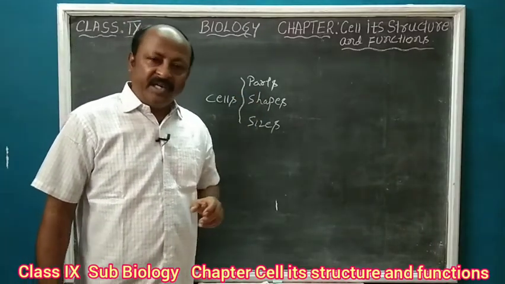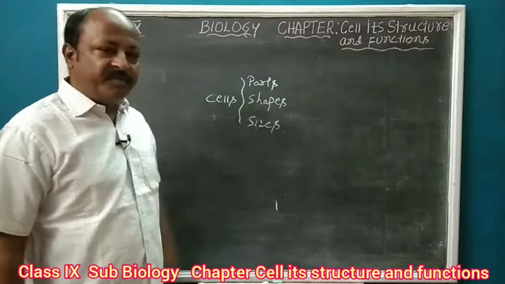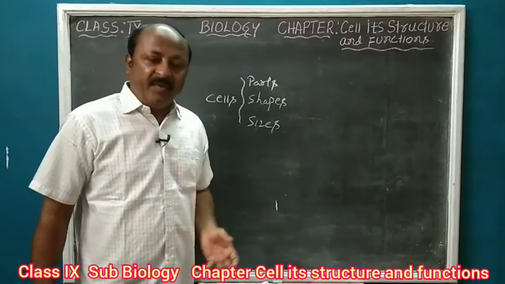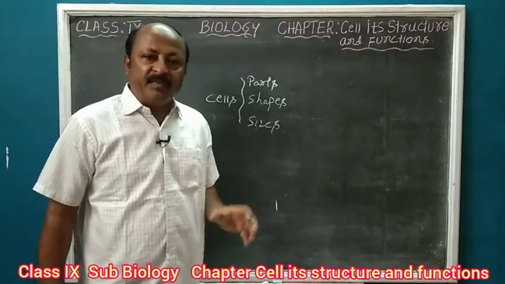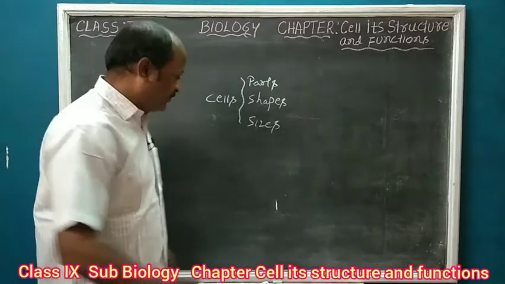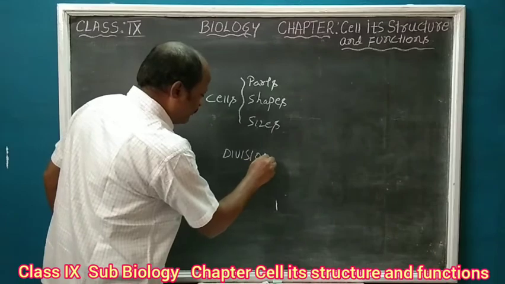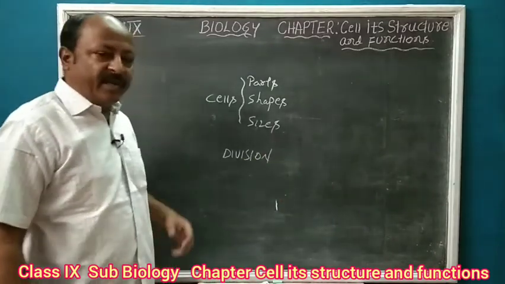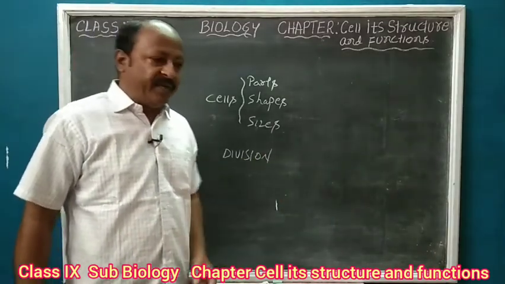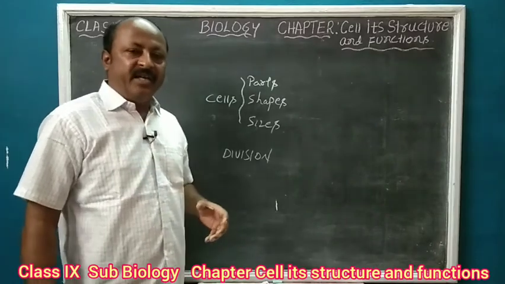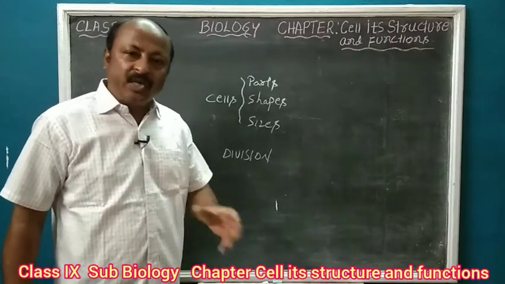We have also studied the classification of living beings depending upon the number of cells present in them. That is division. Depending upon the number of cells present in a living being, we can classify living organisms into two categories.